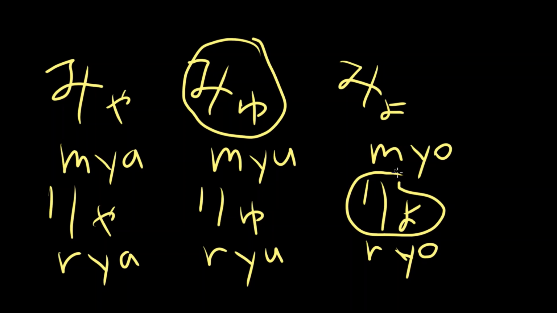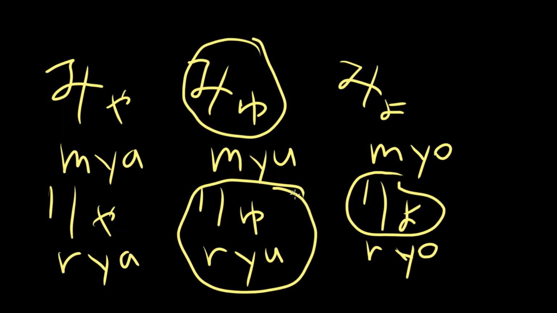Rya, ryu, ryo. It's a bit tricky. I don't know why I can't get my tongue around it. But luckily when you're using words that contain these, you're saying it fast enough that it sounds close enough. So Andoryu sounds close enough to ryu.